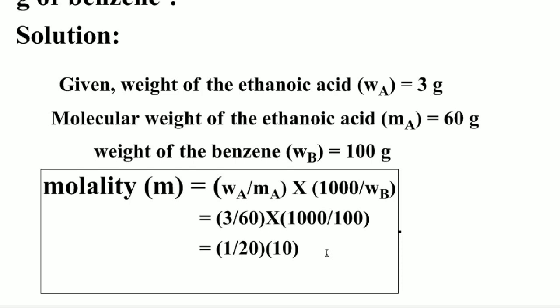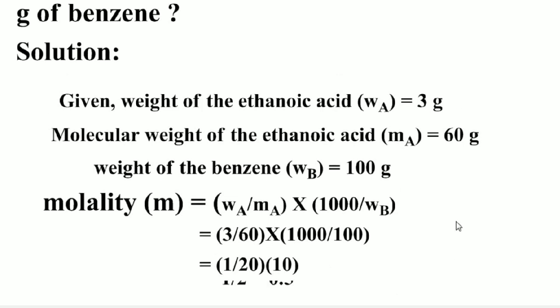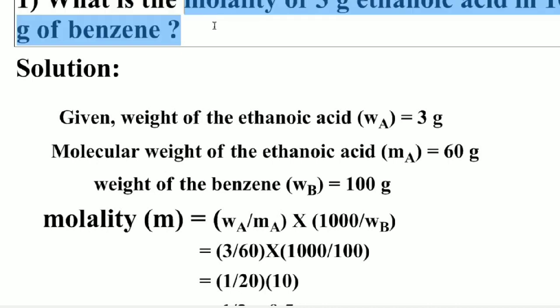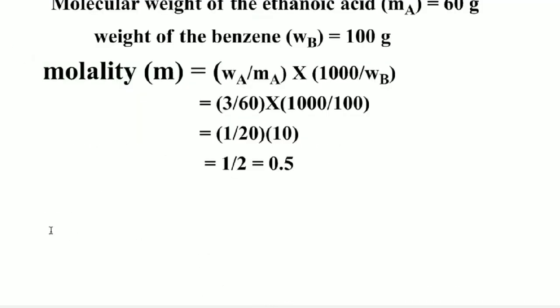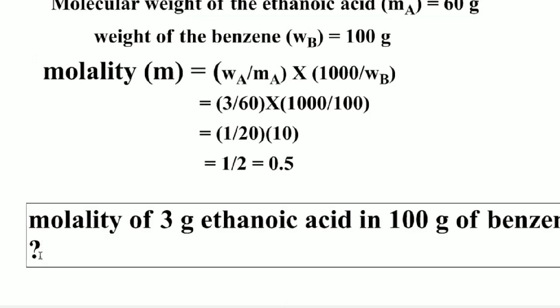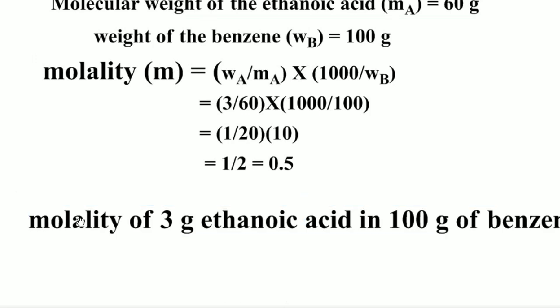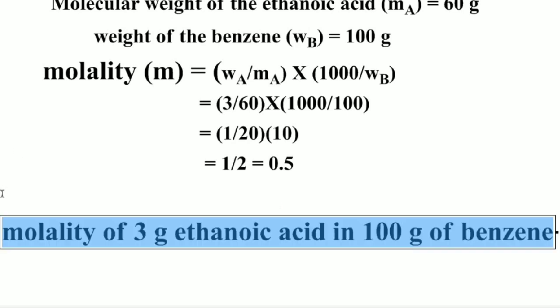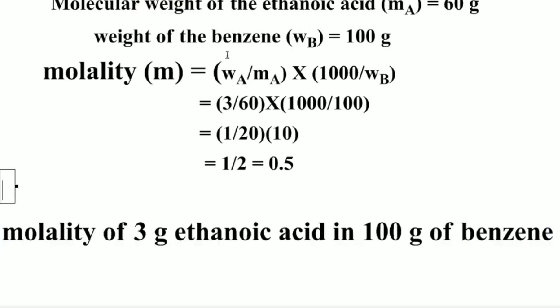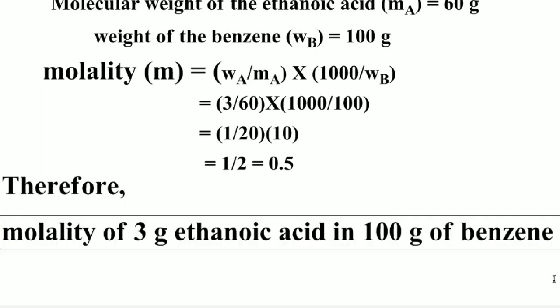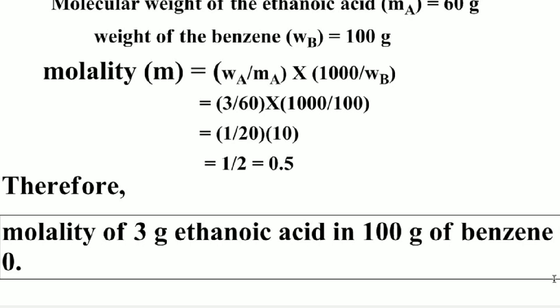Therefore, the concentration of the given solution is 1 by 2, that equals 0.5. Therefore, the molality of 3 grams of ethanoic acid in 100 grams of benzene is equal to 0.5 m.